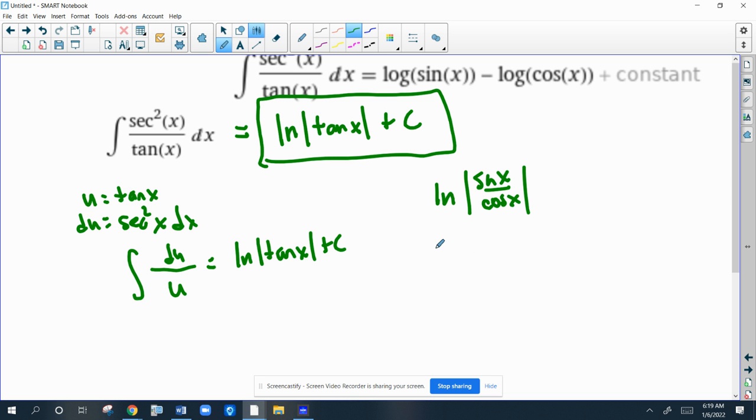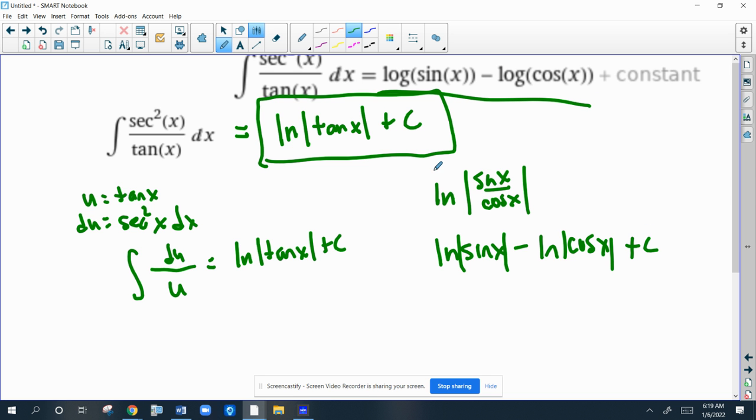And then we can use the property that the natural log of a quotient is the difference of the natural logs. And that's where that's from, plus C. So that's how you do that one.